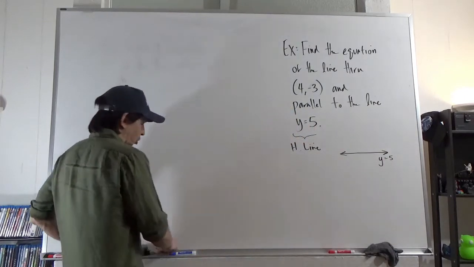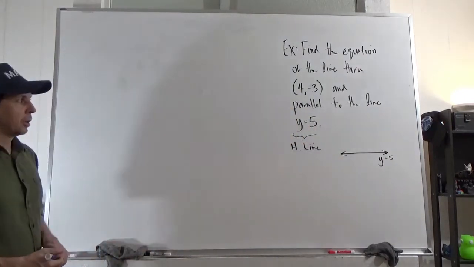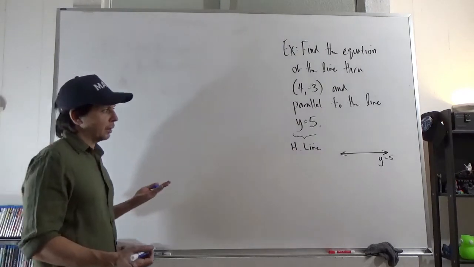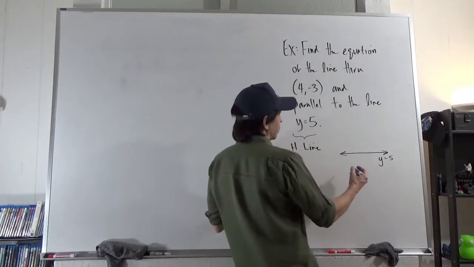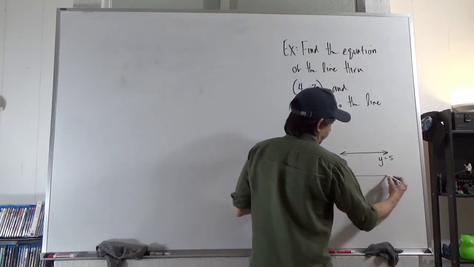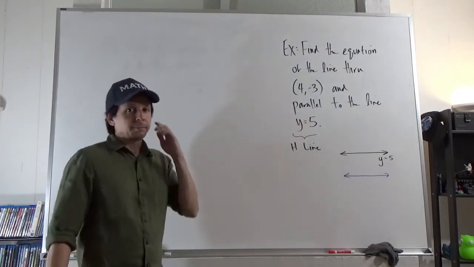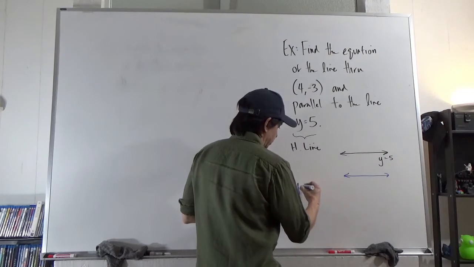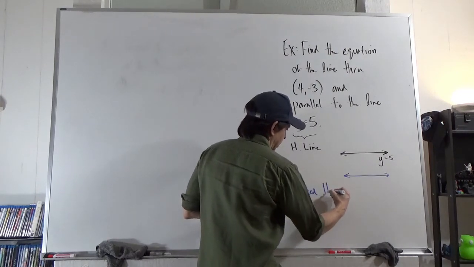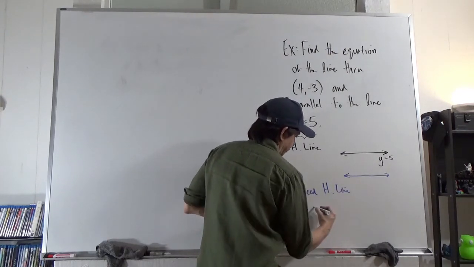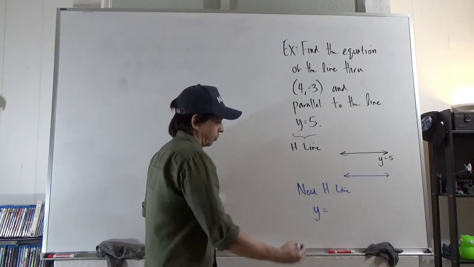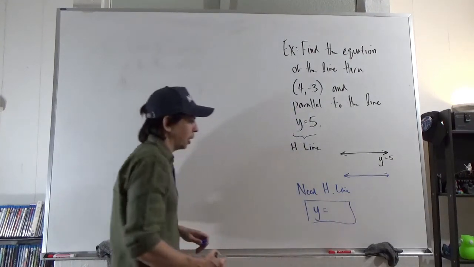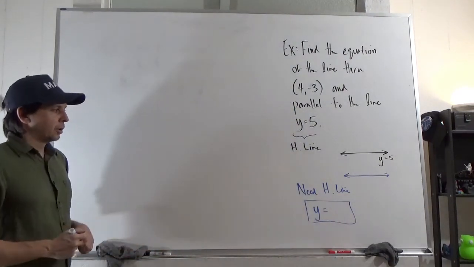Our line, which I'm going to draw in blue, will have to be parallel to that. A line that's parallel to that will be another horizontal line. So my answer is going to just be another horizontal line. There's my answer: y equals something. I just need to figure out what that is.